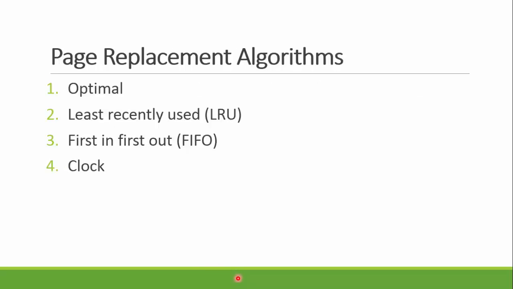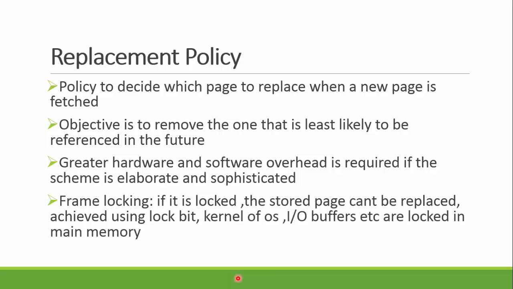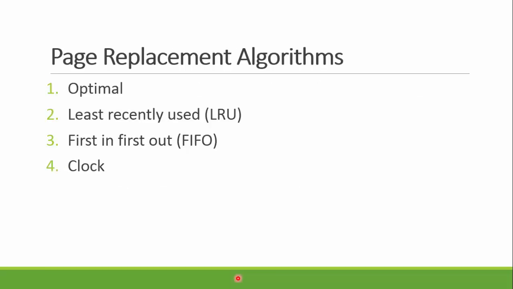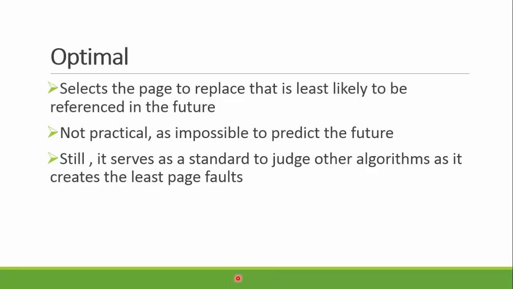So now we need to replace the pages. There are many algorithms we follow, and we are going to discuss 4 of them. One is optimal, second least recently used, third is first in first out, and the fourth is the clock policy. So what is the optimal policy? It replaces the page which is least likely to be used in the future.